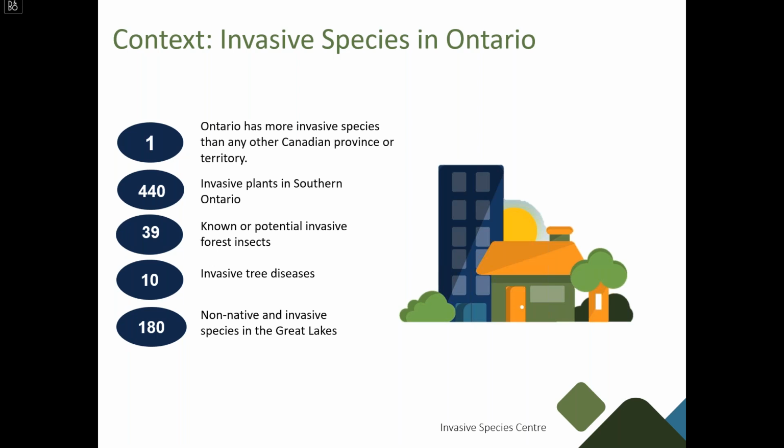So unfortunately, we do hold that first place position. There's 440 known invasive plants, 39 known or potential invasive forest insects, 10 invasive tree diseases, and 180 non-native and invasive species known in the Great Lakes. Those are some pretty large numbers that we're working with here in Ontario.